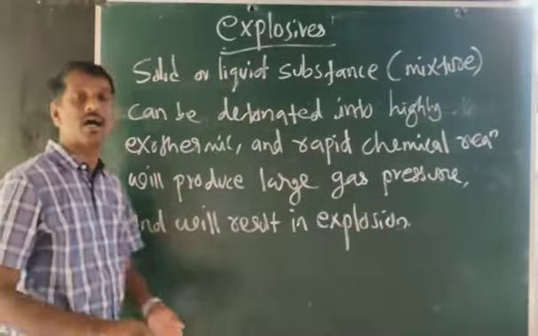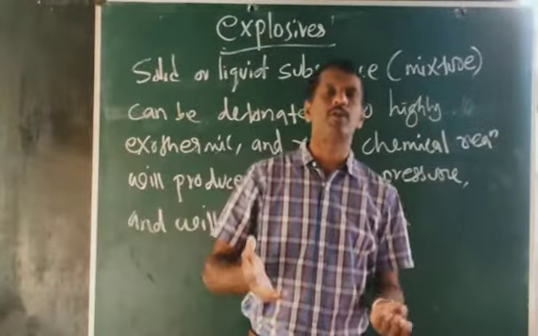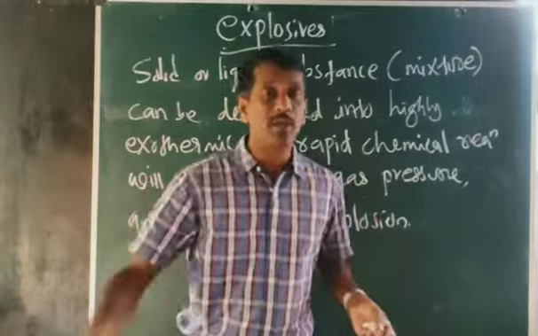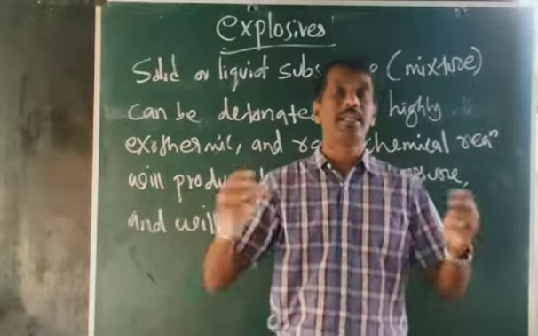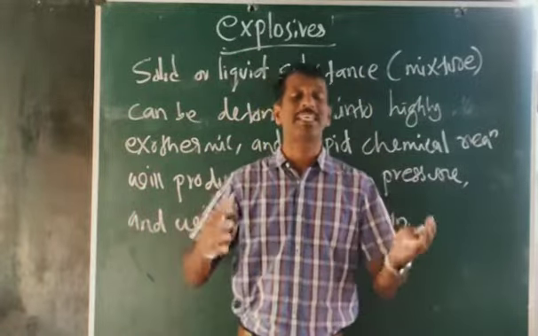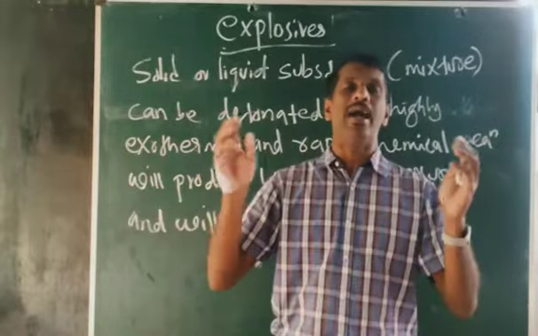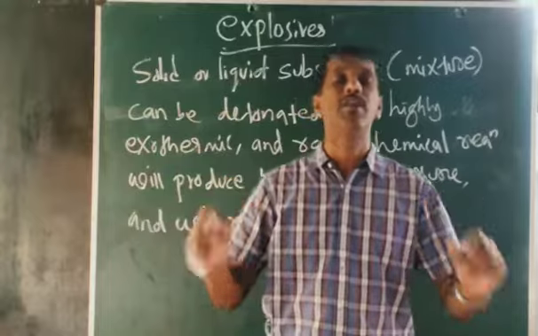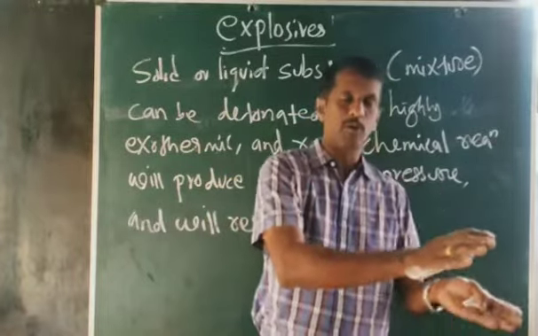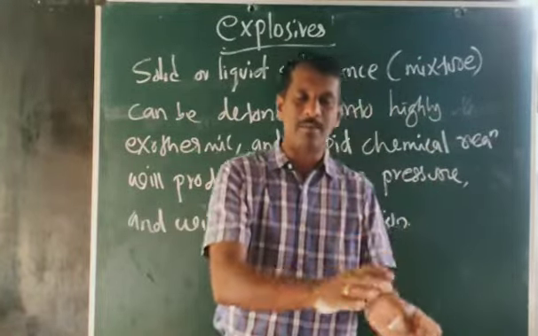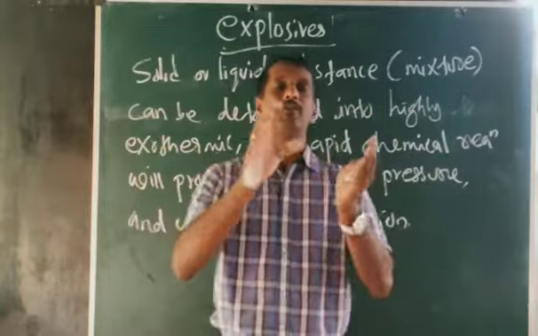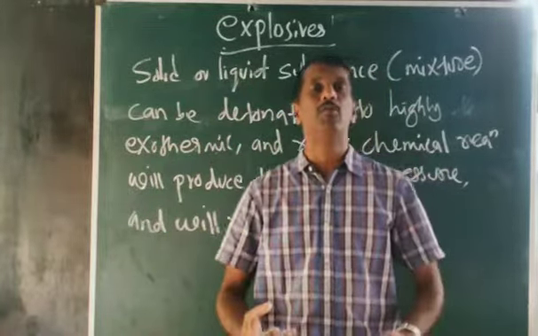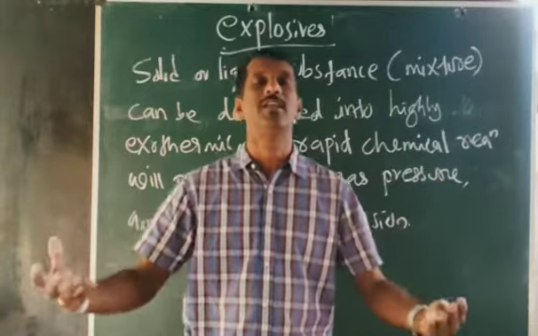So explosives are a solid or liquid substance, or it could be a mixture of solid and liquid, and it can be detonated, it can cause an explosion. It can be detonated into a highly exothermic and very rapid chemical reaction, which will produce a large amount of pressure in the molecule, and which will result in the explosion.